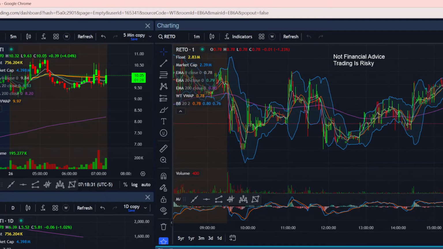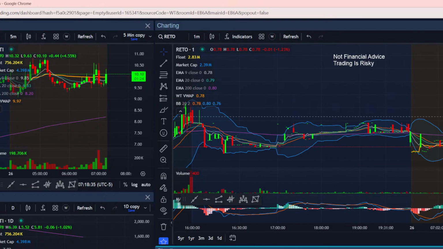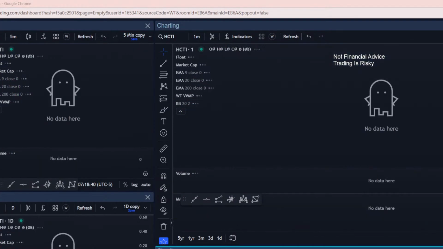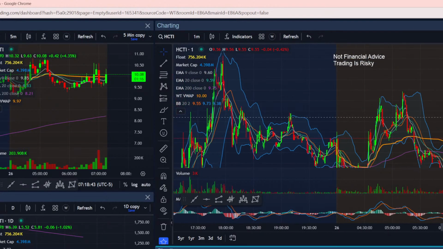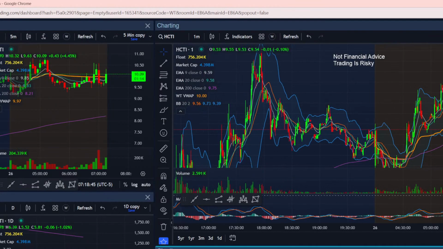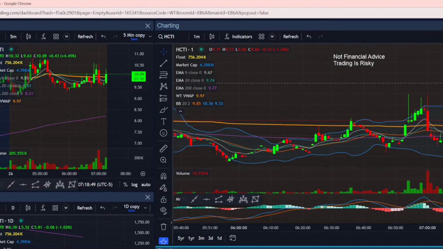I'll just remove this just so we can see this one better. Yeah, no, that's way better. Okay, let me hit this. So here, I'm gonna zoom in so we can actually see better.